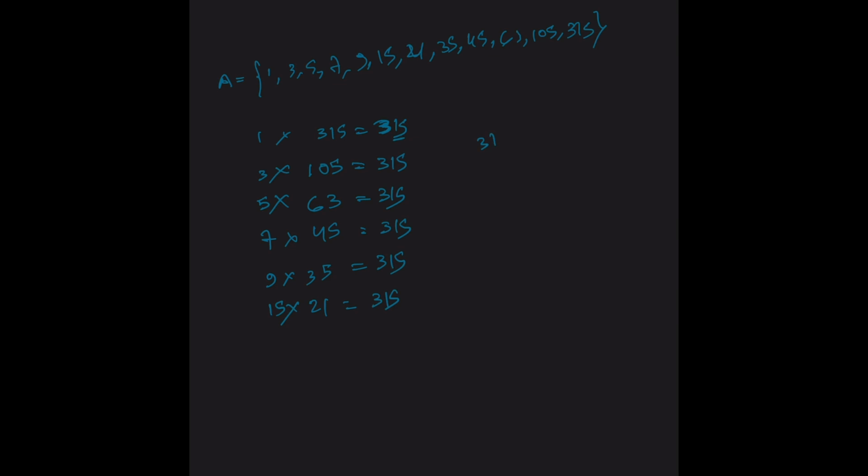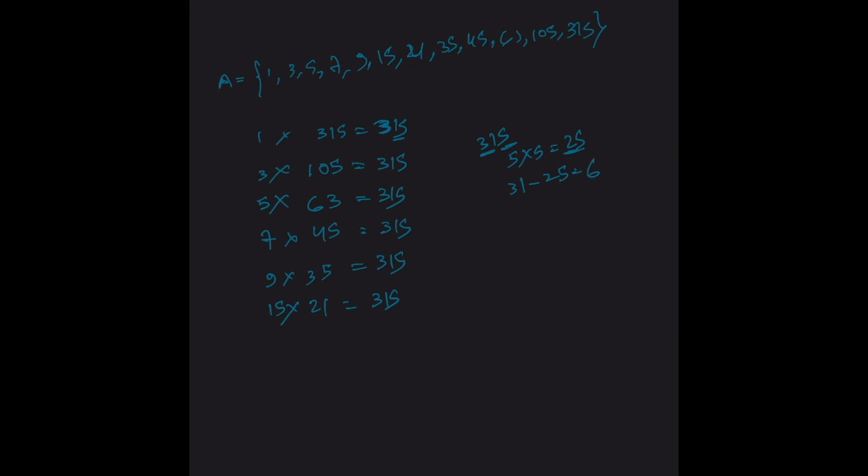Now, for a number to be divisible by 17, we'll take the last digit and multiply it by 5. Then we'll subtract the product from the rest of the number. The number that we get, in this case, is 6.